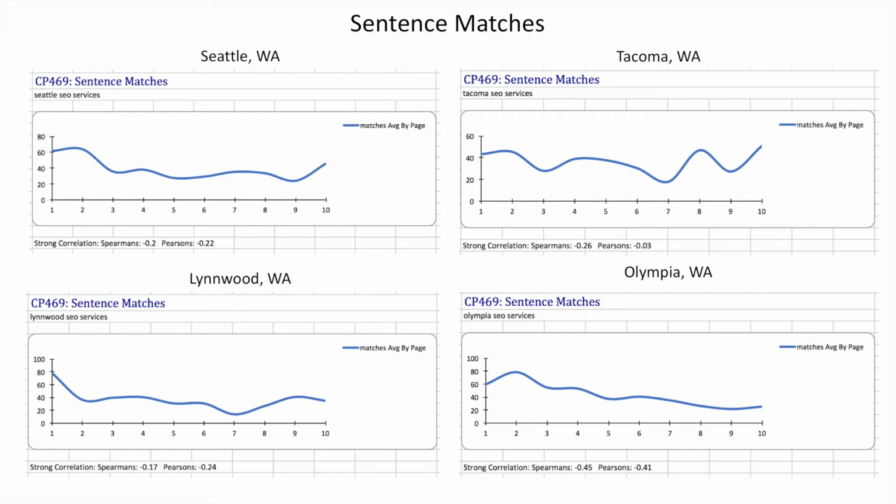It's a great tool because it lets you demonstrate why your rankings in Tacoma were much easier to get, and why you haven't quite got them in Linwood is because the degree of competitive tuning is much steeper. It's nearly twice in Linwood.